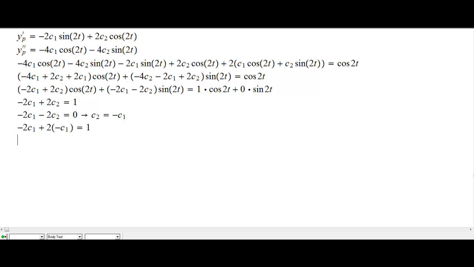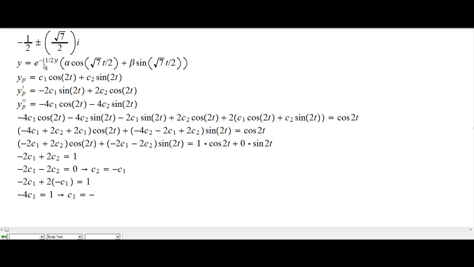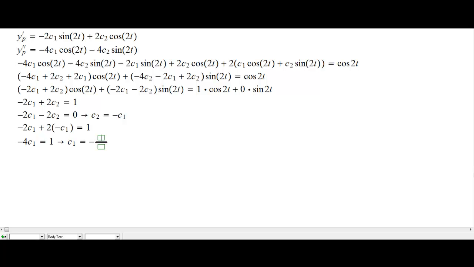And then that becomes negative 4 C1 equals 1, which means our C1 will be negative 1/4. And who will my C2 be then? C2 will be positive 1/4, right?